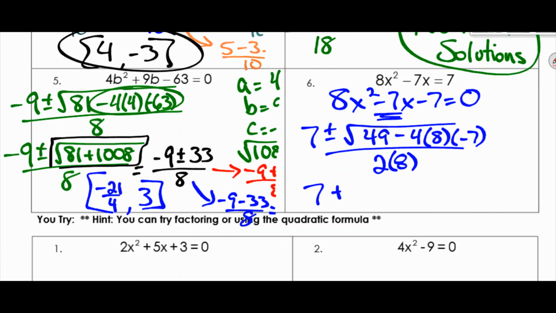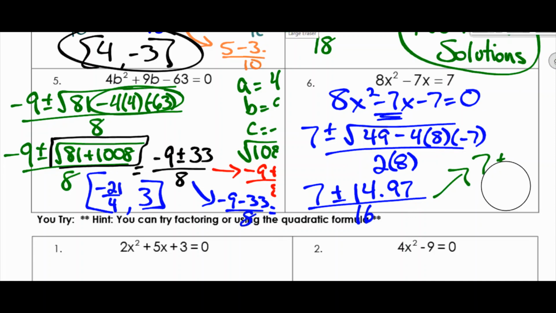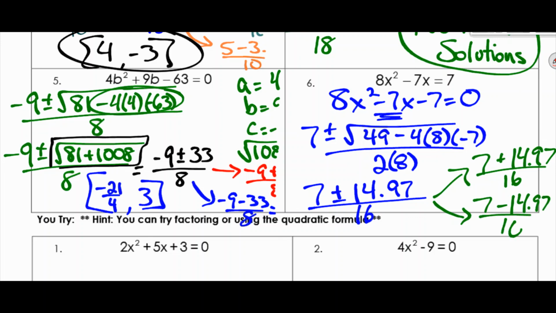So 7 plus or minus 14.967. That goes on forever, but I'm going to actually just round that to 14.97. I'm going to add and subtract that from 7. 7 plus 14.97 divided by 16, and 7 minus 14.97 divided by 16.